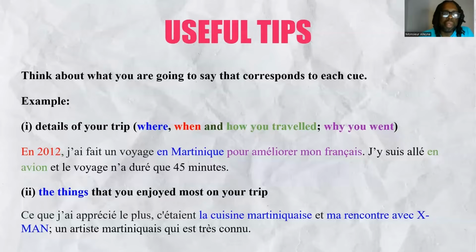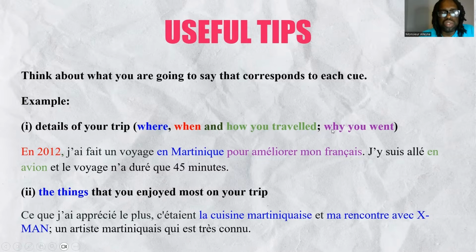All right, so this is the part where now you have to think about what you're going to say that corresponds to each cue. All right, so let's look at cue number 1. From this cue, they want to know where you traveled, when you traveled, and how you traveled.